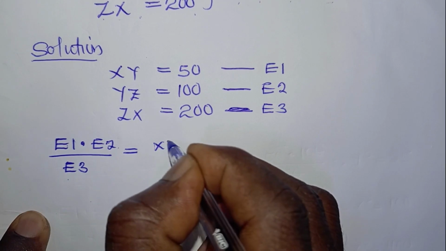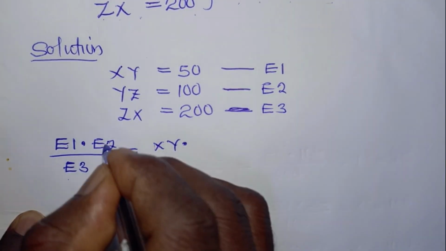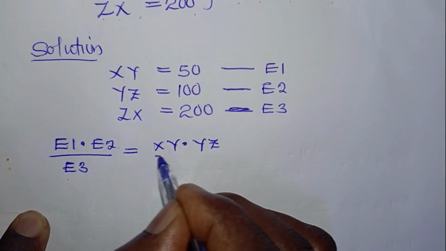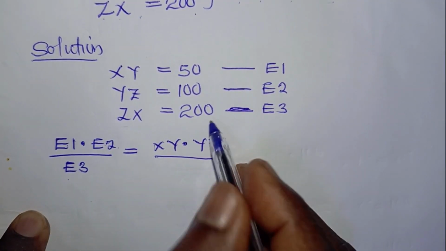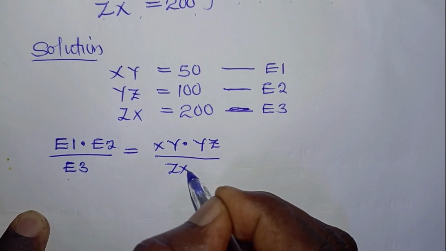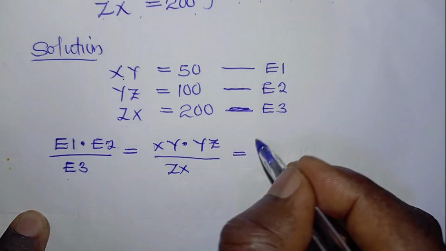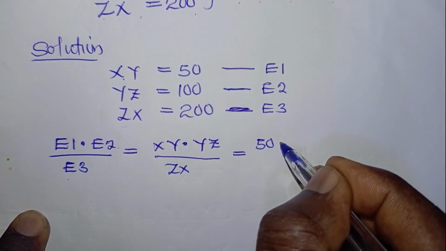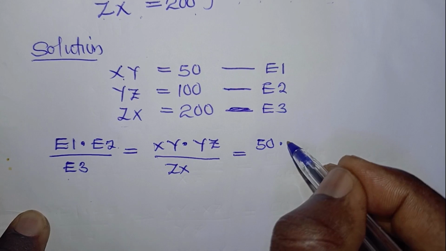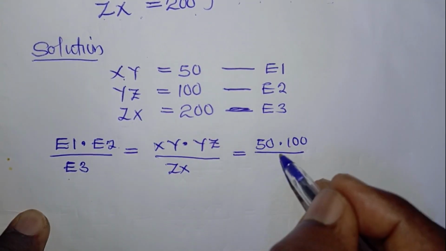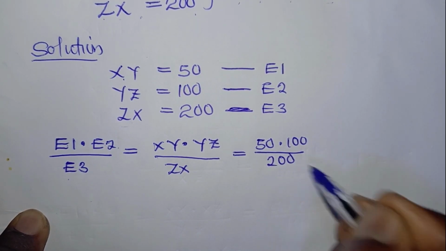So we have xy multiplied by equation 2, which is yz, divided by equation 3, which is zx. It should be equal to, let's multiply the values. xy is 50, so we have 50 times yz, which is 100, divided by zx, which is 200.